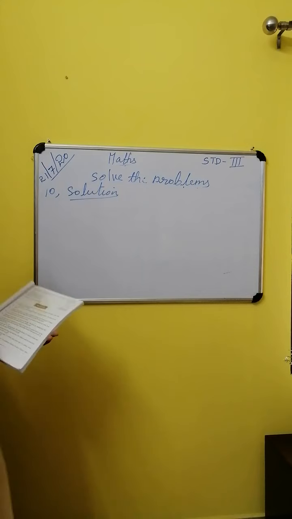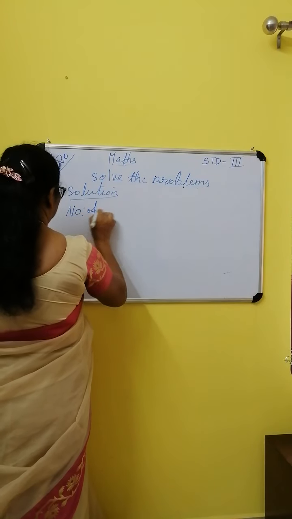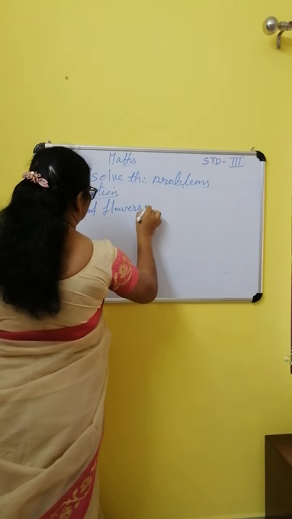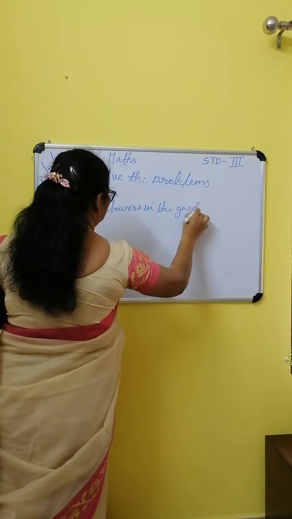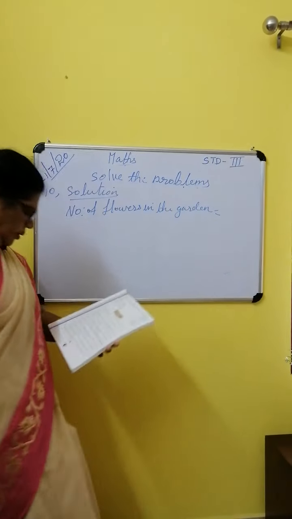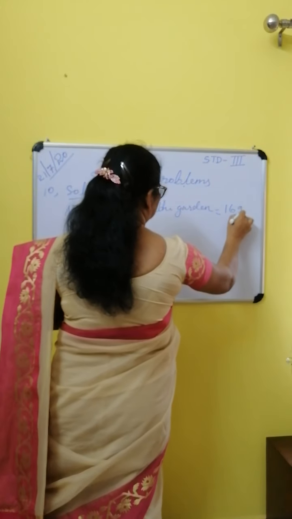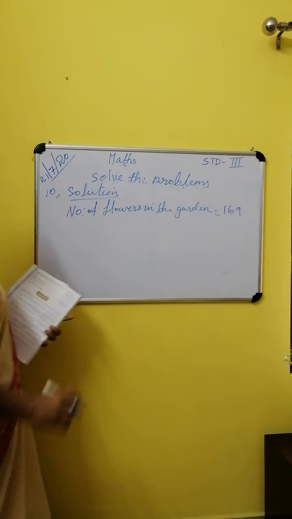Number of flowers in the garden. How many? 169. Then number of flowers planted by the gardener.